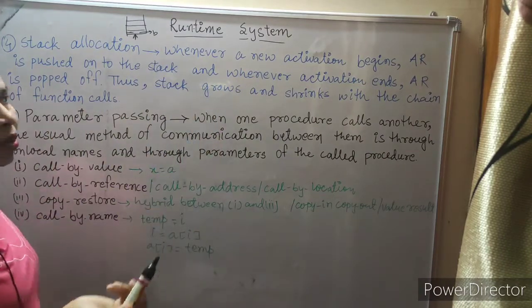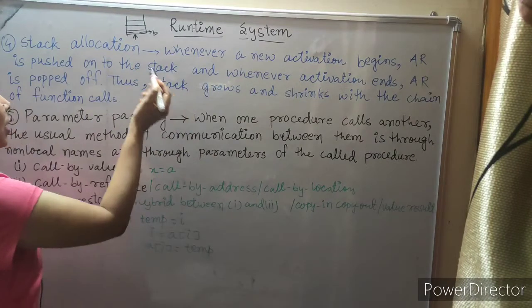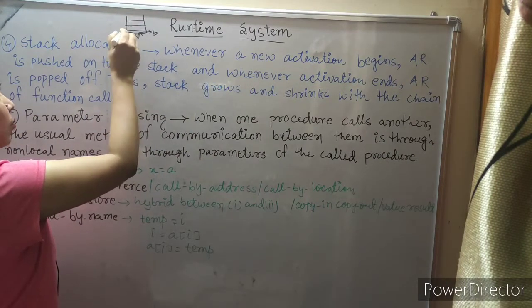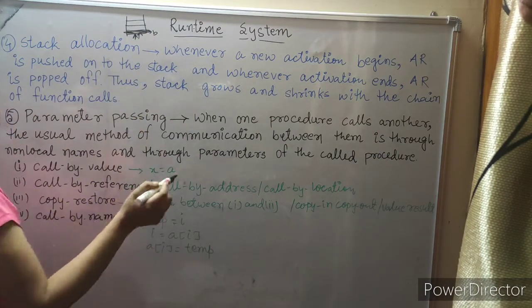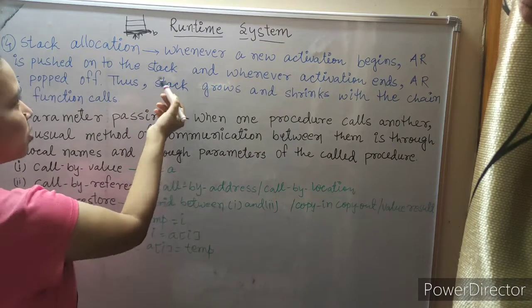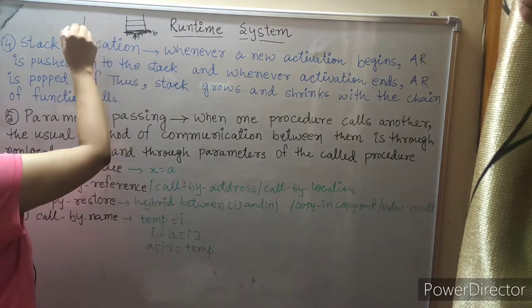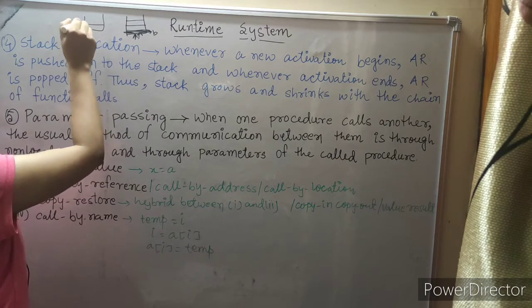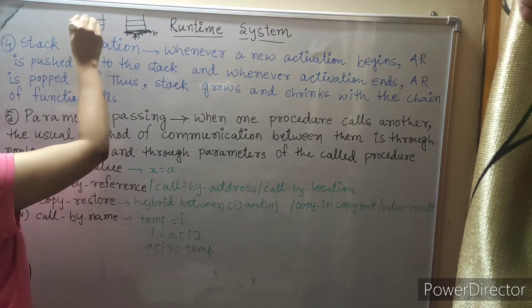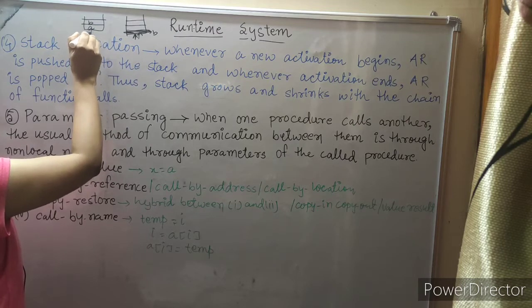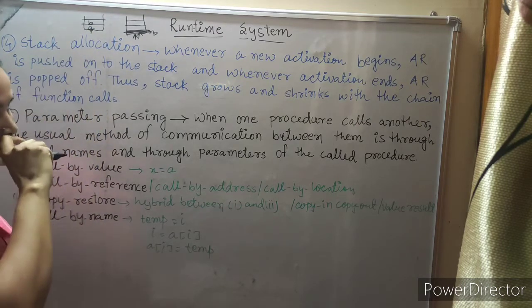That means whenever a new activation begins, we push the data onto the stack, and whenever the activation ends, we remove it. Suppose now in this stack I am entering the data A, then afterwards B, that means pushing the data.